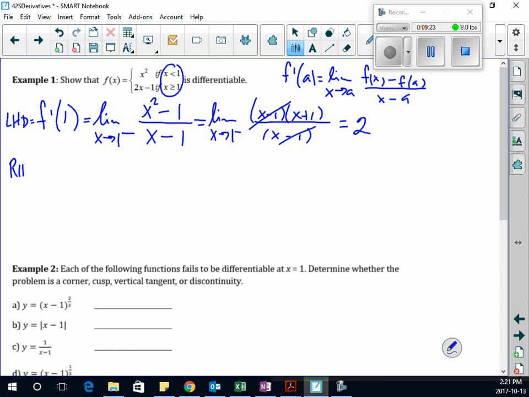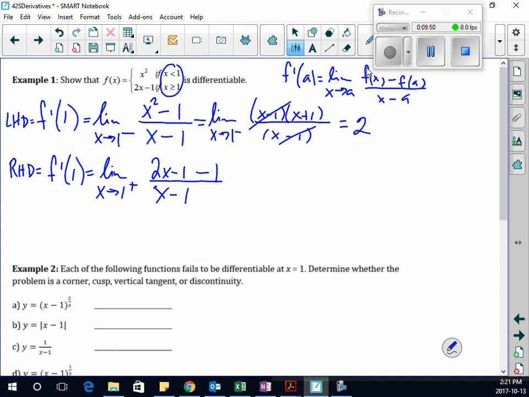Now I'm going to do it from the right. So the right-hand derivative is f prime of 1. The limit as x goes to 1 from the right. So which function am I using? 2x minus 1. So it's going to be 2x minus 1 subtract 1 over x minus 1, right? If I plug her in, I get 0 over 0.